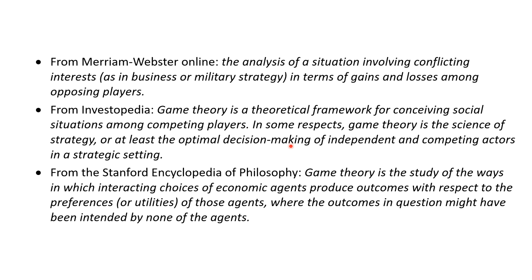Then one final definition here from the Stanford Encyclopedia of Philosophy. Game theory is the study of ways in which interacting choices of economic agents produce outcomes with respect to the preferences or utilities of those agents, where the outcomes in question might have been intended by none of the agents.